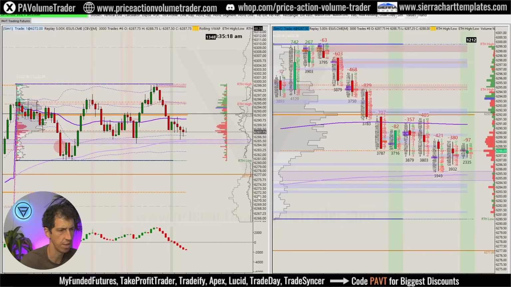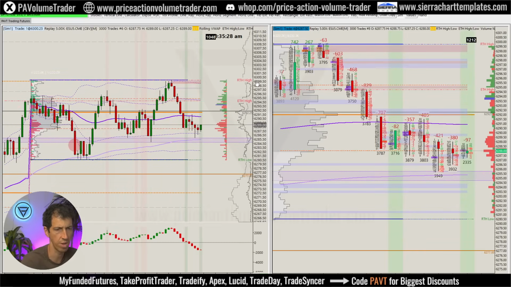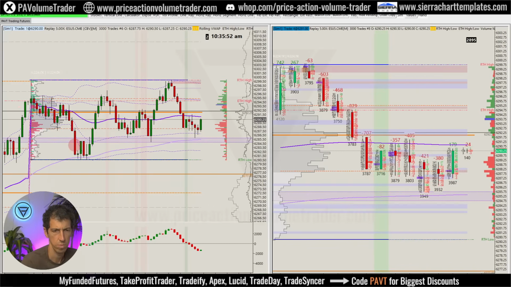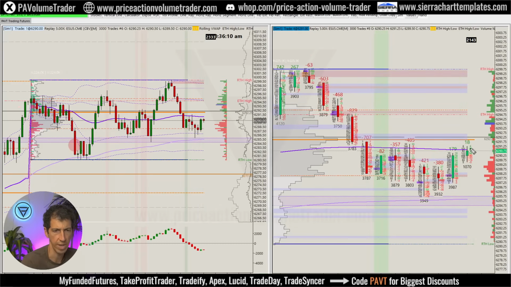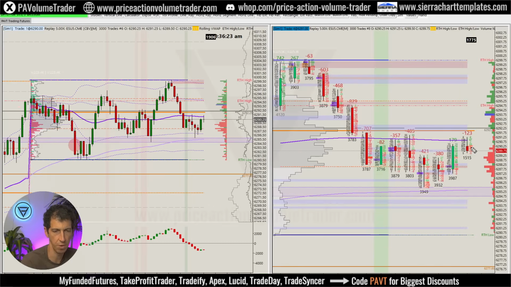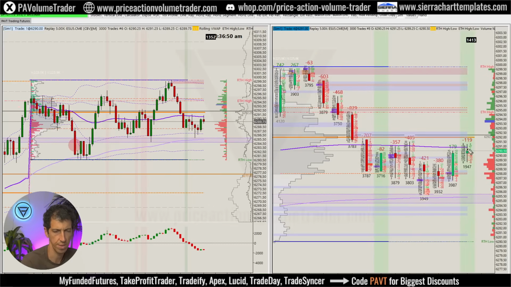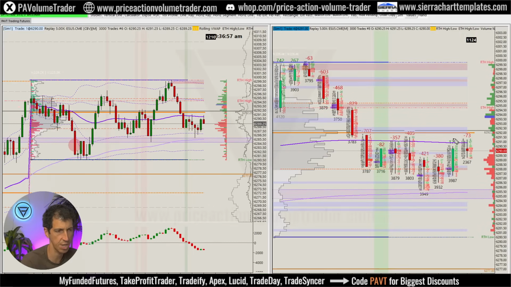Let me zoom in a little bit more so you can see more clearly. You can see we're coming right below VWAP. We're having a couple of retests of VWAP back down.